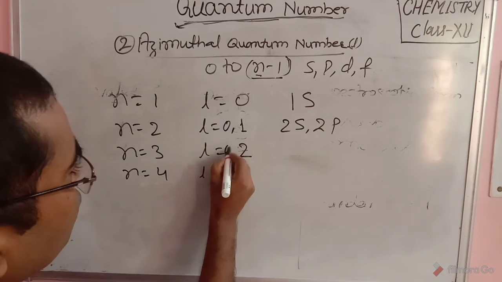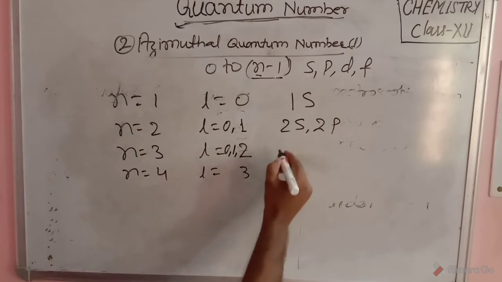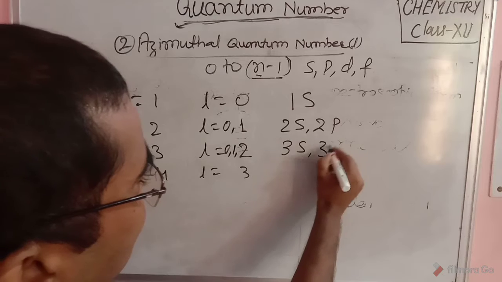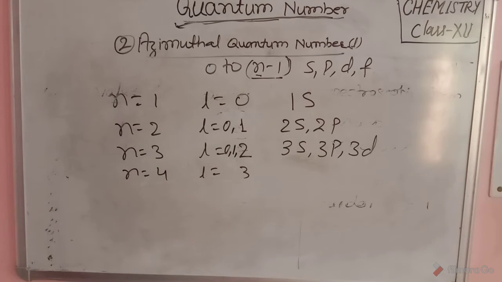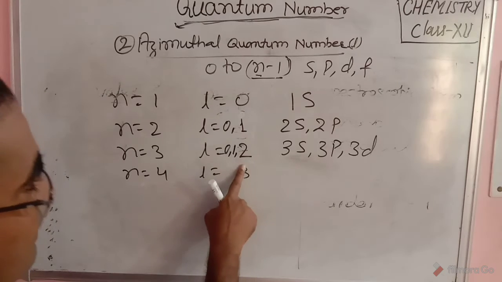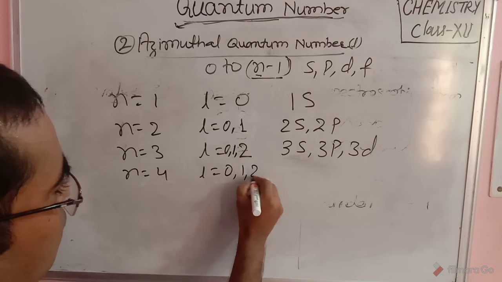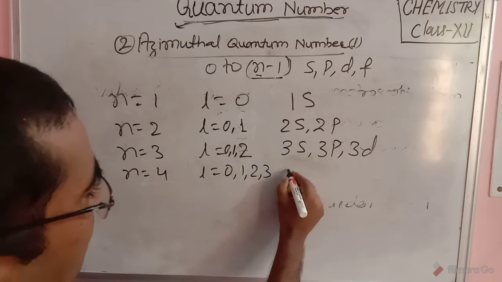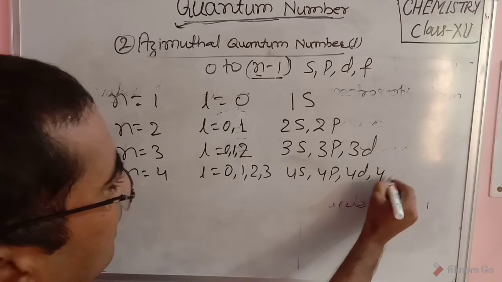So you can write here 0, 1, 2. It has 3 values. That's why it's 3S, 3P and 3D. N is equal to 4. L will be 3, which means 0 to 3. So it will be 0, 1, 2, 3. So it has 4S, 4P, 4D and 4F.